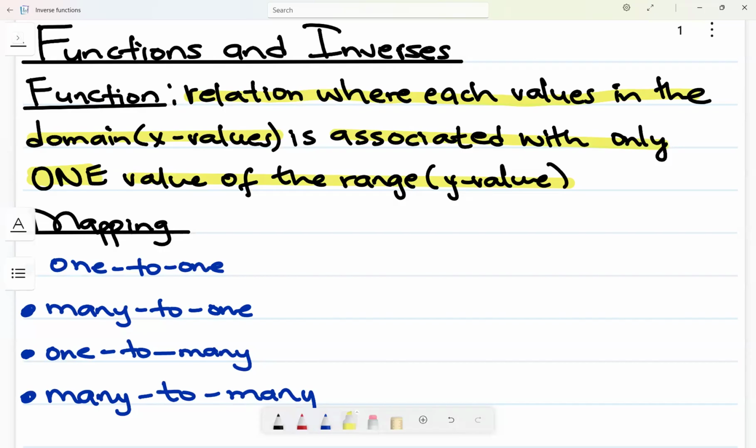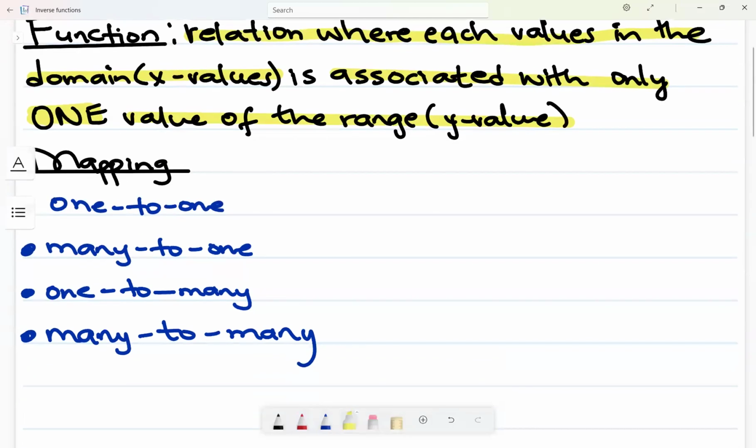So it says a relation where each value in the domain, the x values, okay, here we said values because it can be many values, but they should be associated with only one value of the range. What do I mean?